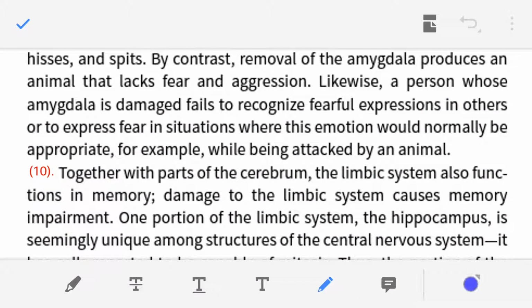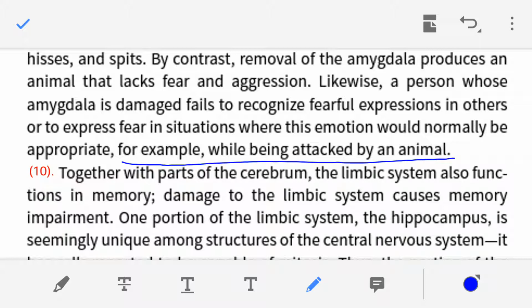For example, while being attacked by an animal, let's say a person is walking on the road and a street dog starts barking at this person. The moment the dog starts barking and following the person, this person will experience some kind of fear.